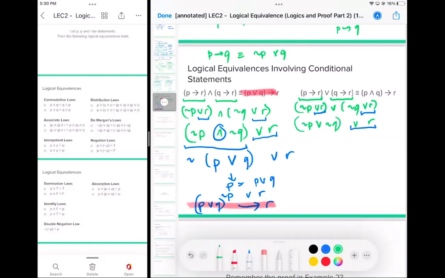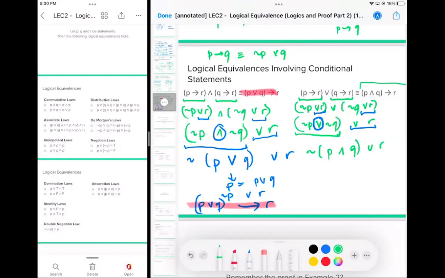Okay, now we can use De Morgan's again. We will factor out the negation operator from this. So we have the not of P and Q. So using the De Morgan's, this or became and. Okay, so P and Q, and now we can express it into this form.